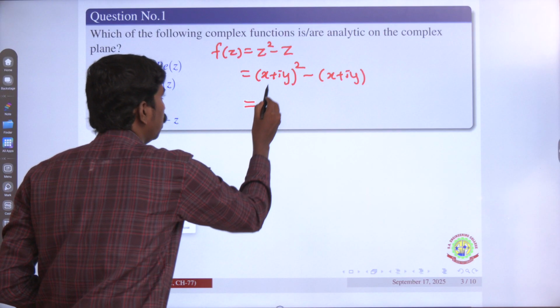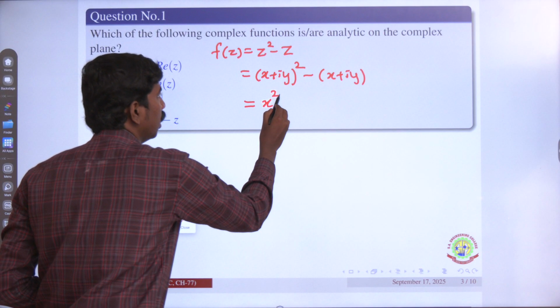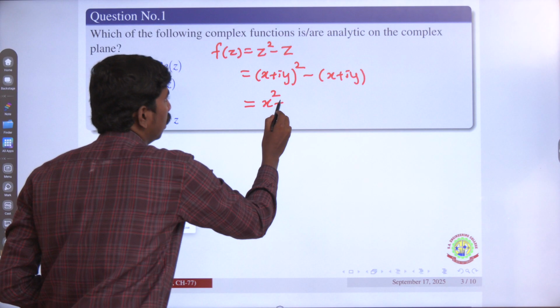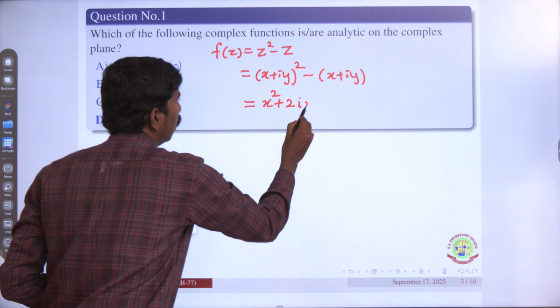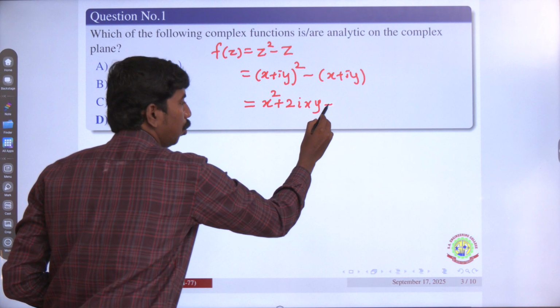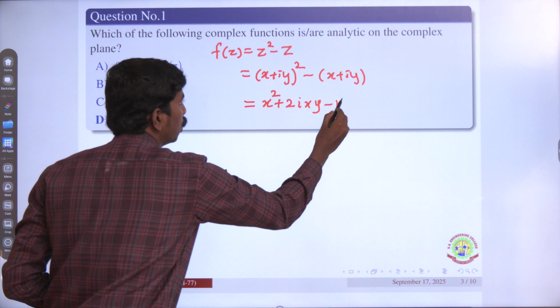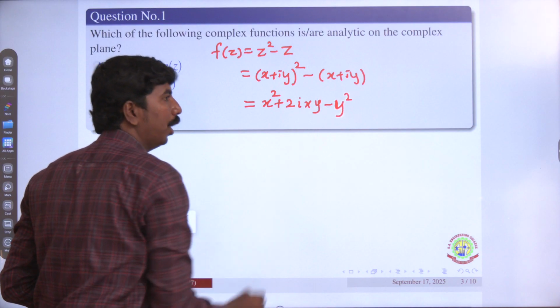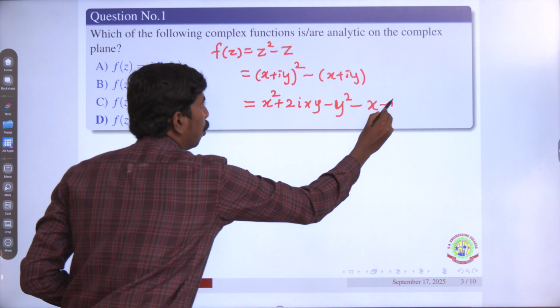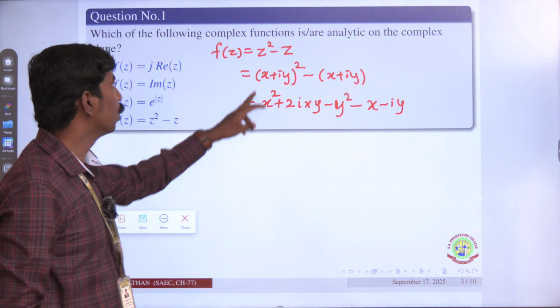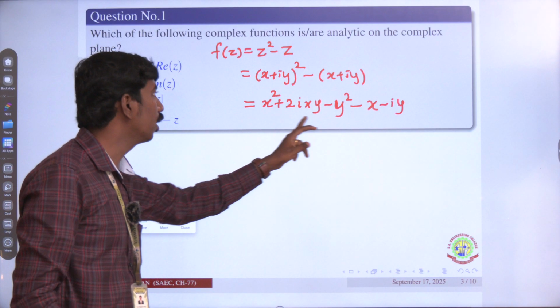Now I will expand using a plus b whole square, that is a square plus 2ab, that is 2i into xy, then plus b square, that is plus iy square, which is minus y square. This we can write as minus x minus i into y. So simply I expand a plus b whole square and we get this.